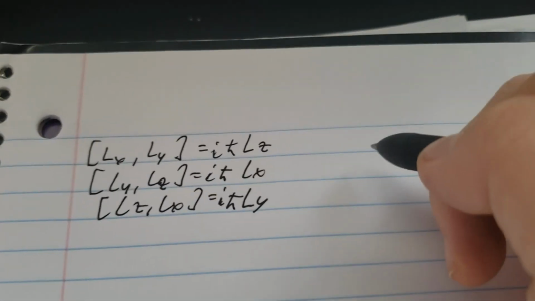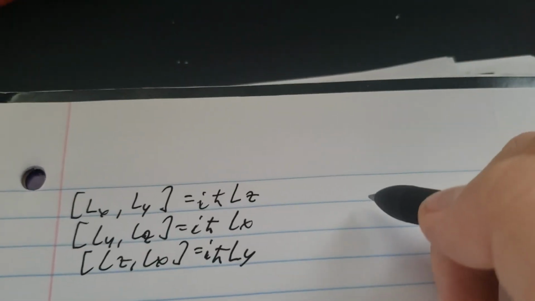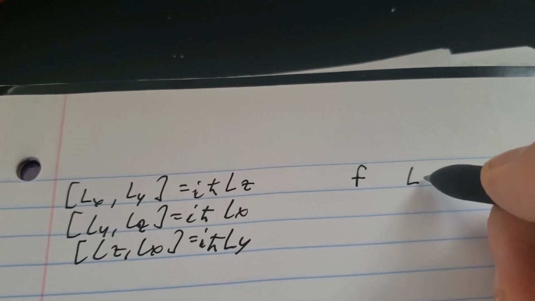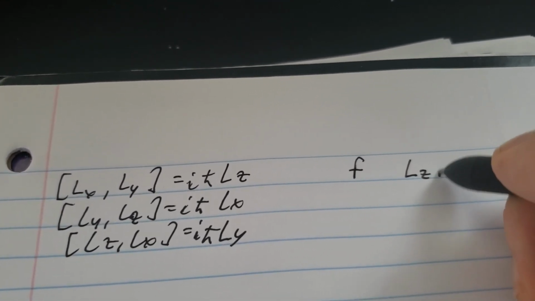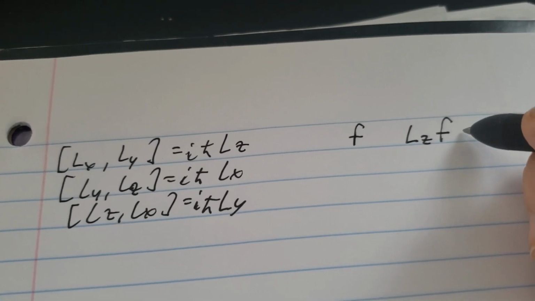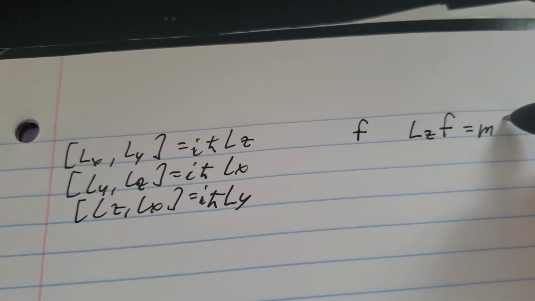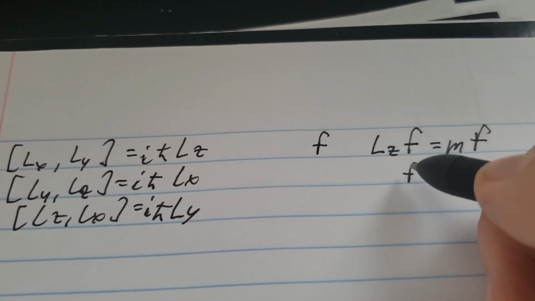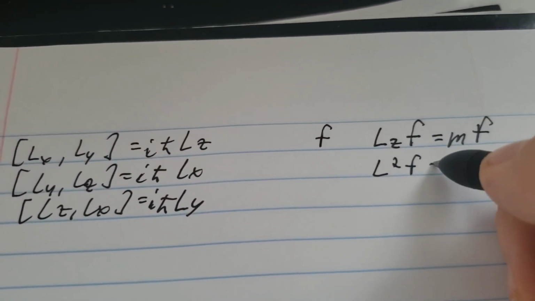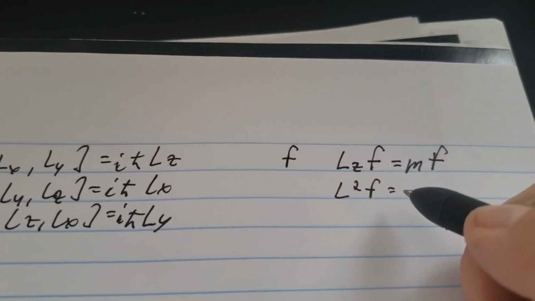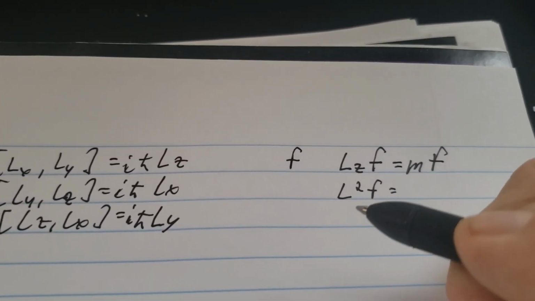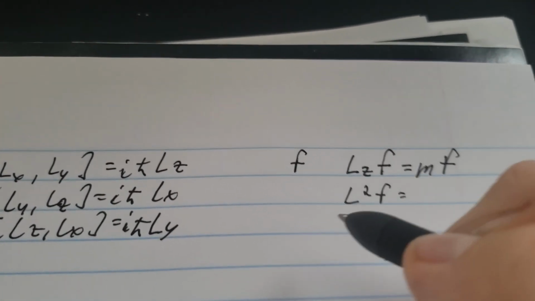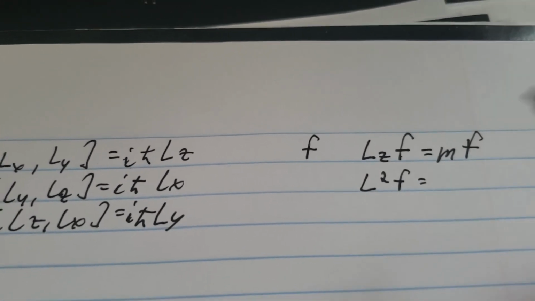So, in our system, we want a state f, an eigenstate of Lz, and it's also an eigenstate f of the operator L squared, which, as we said, means that our state has definite total angular momentum and definite angular momentum in the z direction.